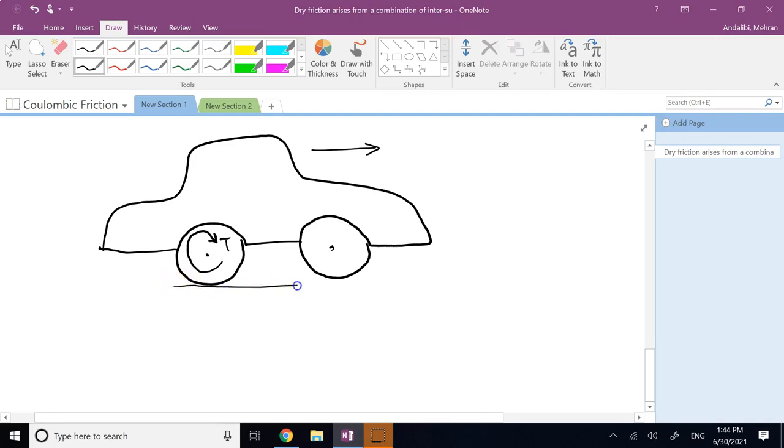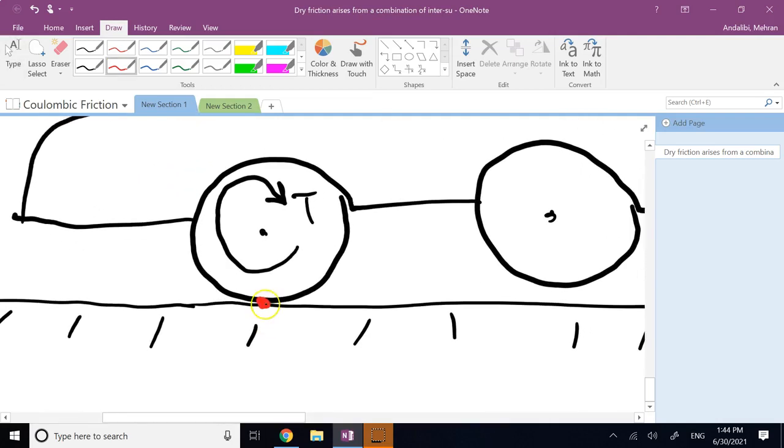Well, the thing is this: if this is the road surface, here, at this point of contact, where the motion starts, because you apply torque, torque means what? Torque means it gives you angular acceleration, and angular acceleration means you will have what?